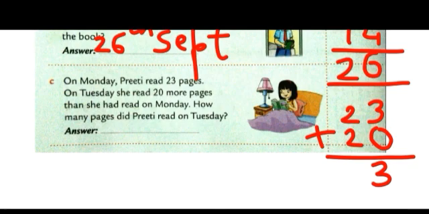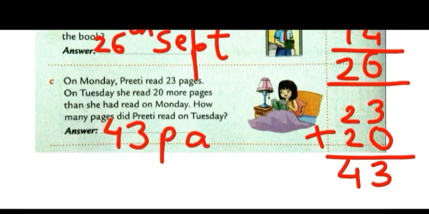And 2 plus 2 is 4. That means she read 43 pages on Tuesday. Okay, scholars? That means on Monday she read 23 pages and Tuesday she read 20 more pages than she read on Monday. That means she read 43 pages on Tuesday.